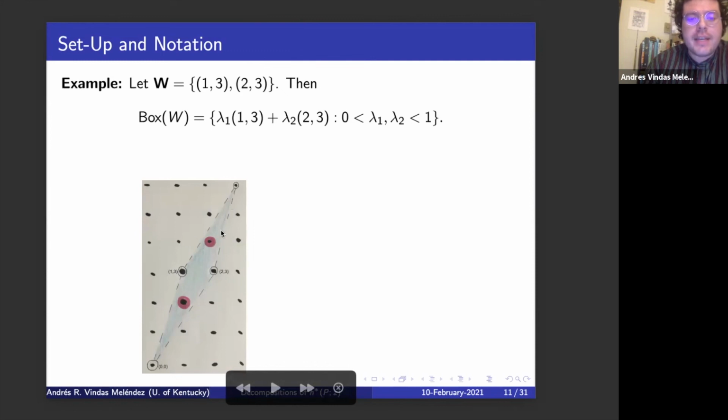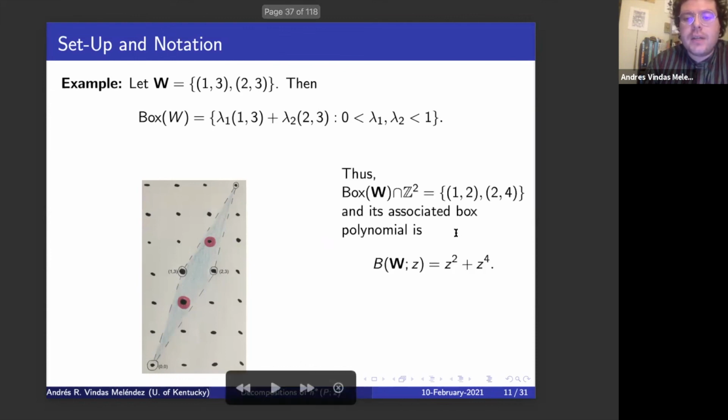And I see that it has 2 integer points, one at (2,4), and one at (1,2). And so the box polynomial should be, again, I'm taking the last coordinate of each of the integer points. So it should be z squared corresponding to this point (1,2) and z to the fourth corresponding to this point (2,4). Yeah, everybody with me?